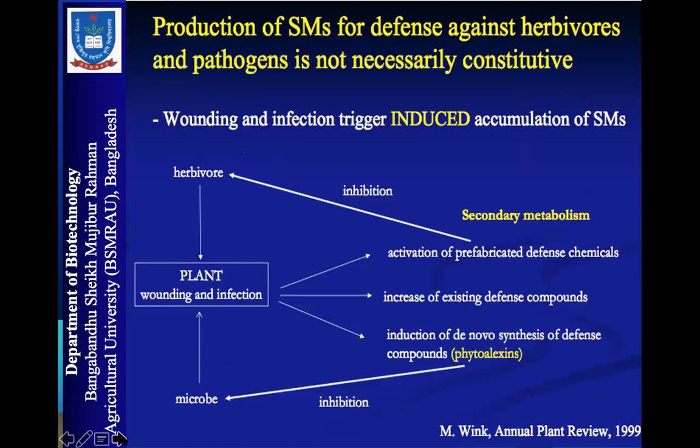So, production of secondary metabolites for defense against herbivores and pathogens is not necessarily constitutive. This is a very important point. Constitutive means when you analyze a plant, you can find that compound as a constituent. That means the plant biosynthesizes and carries that compound in its cells.